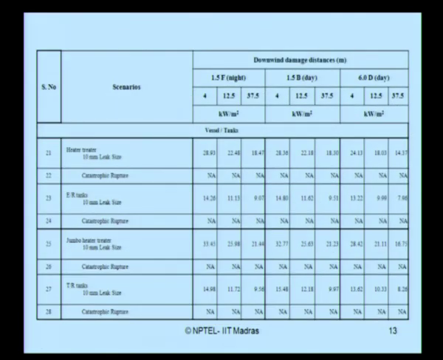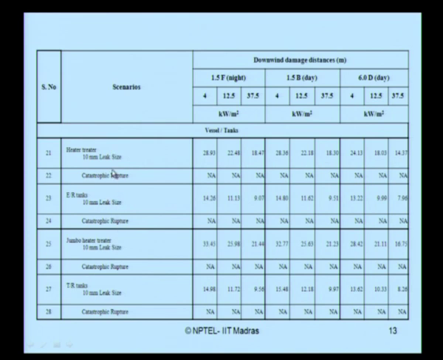Similarly, I look at the tanks: heater treater, ER tanks, jumbo heater treater and TR tanks. I look for the scenarios of 10 mm leak or a catastrophic rupture in all of them. Basically this is considered number 6 in your process and flow diagram, so numbers 6, 7, 8 and 9, shown in blue color in your PFD.